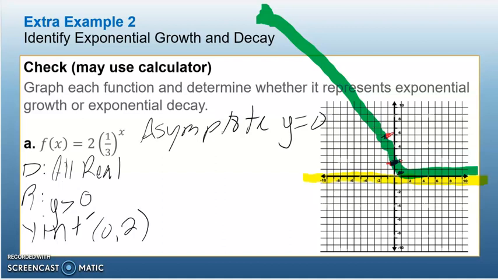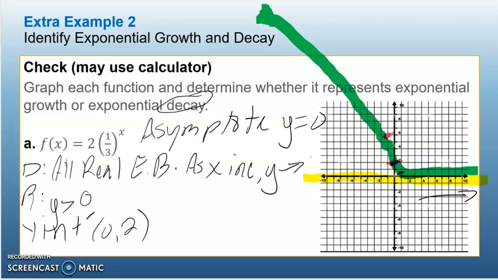Okay, and the last thing is the end behavior. The end behavior for a decay like this one: as x increases, so when I go to the right, my green line approaches 0. That means my y approaches 0.